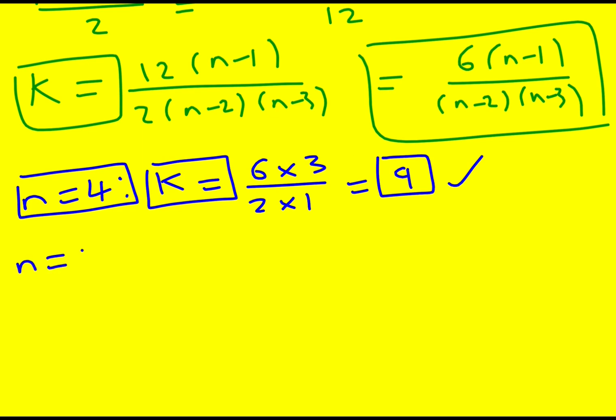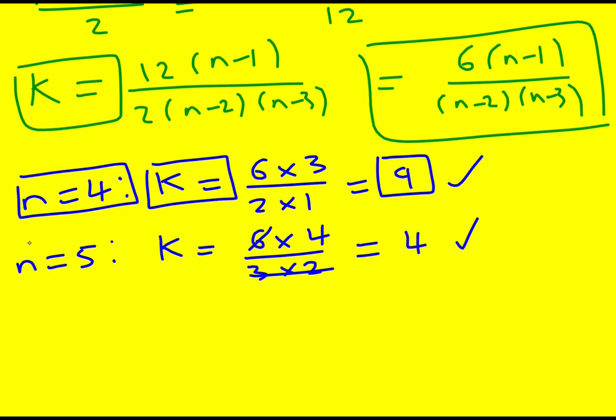N equals 5. Okay, the 3 times 2 cancels with the 6 and we get 4. So that one also works.